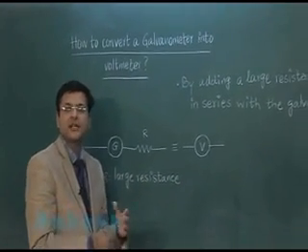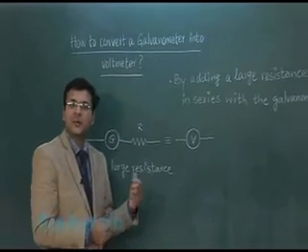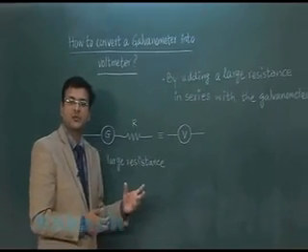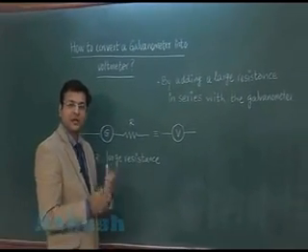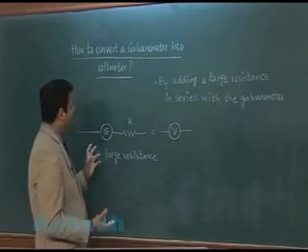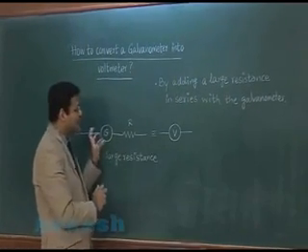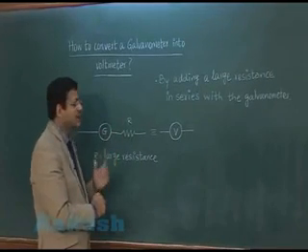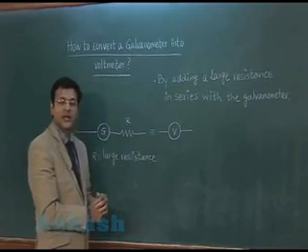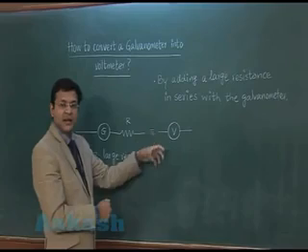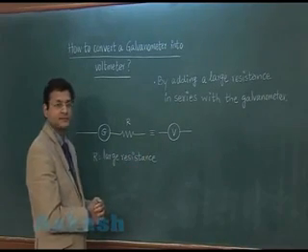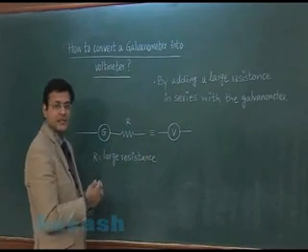The manner in which galvanometer was converted into ammeter, same manner was used to increase the range of ammeter. On the similar line, the manner in which you are converting a galvanometer into voltmeter by adding resistance in series, the same method will be utilized to increase the range of a voltmeter. So let us now discuss that point.